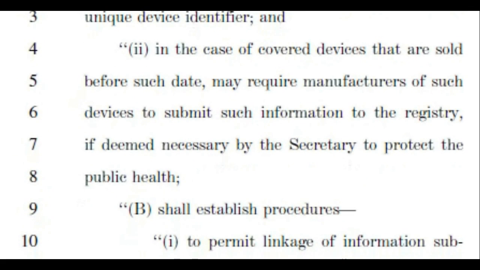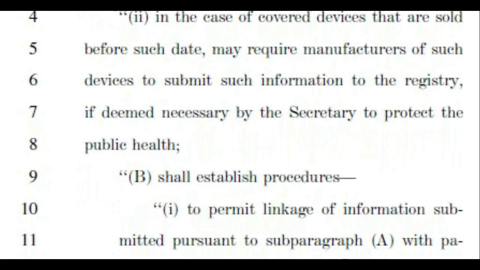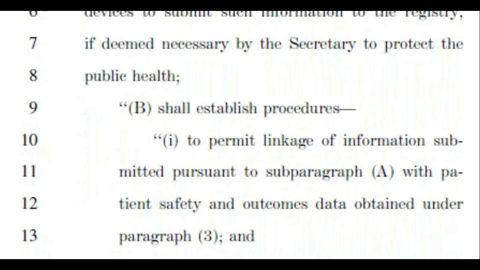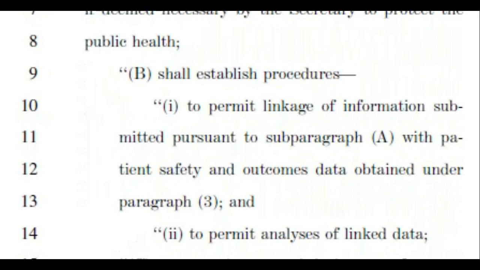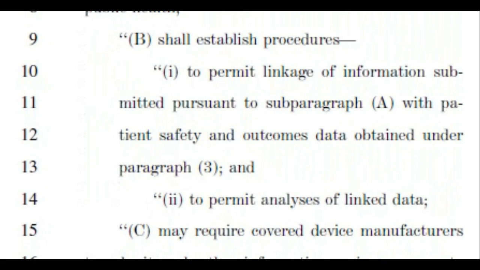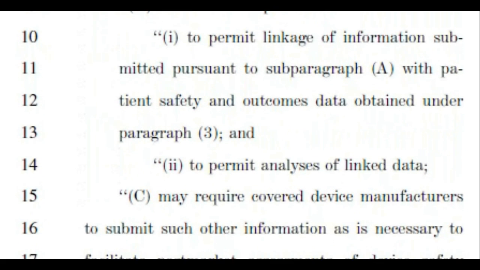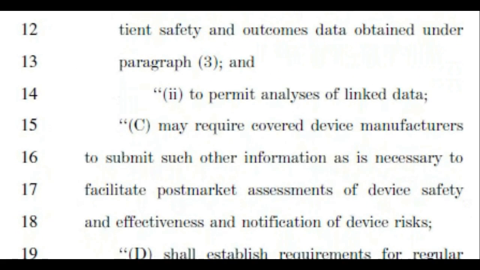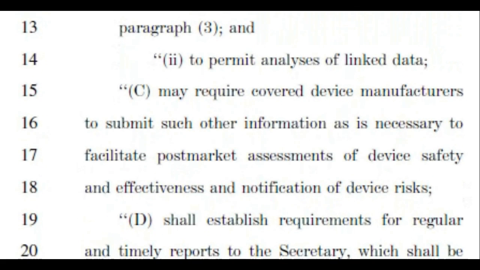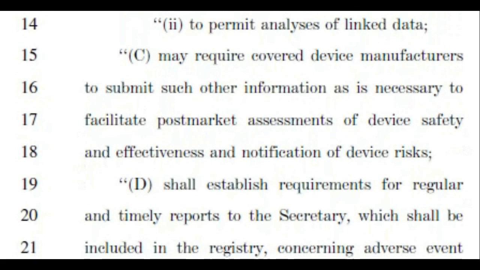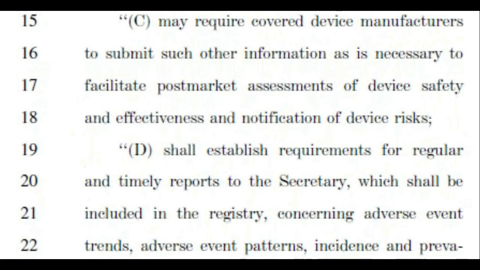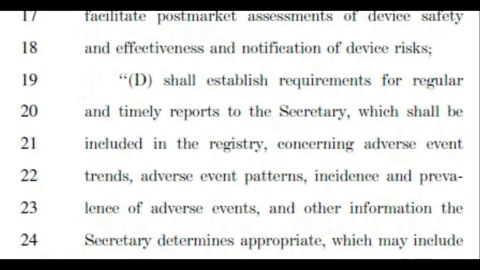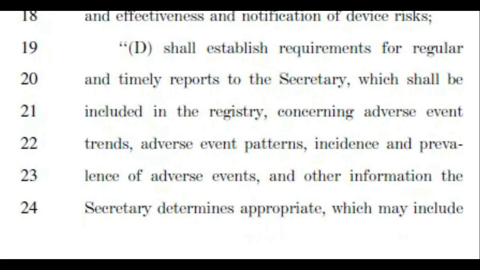Such regulations (A) in the case of covered devices that are sold on or after the date of the enactment of this subsection, shall require manufacturers of such devices to submit information to the registry, including, for each such device, the type, model, and serial number or, if required under subsection (f), other unique device identifier, and (B) in the case of covered devices that are sold before such date, may require manufacturers of such devices to submit such information to the registry.